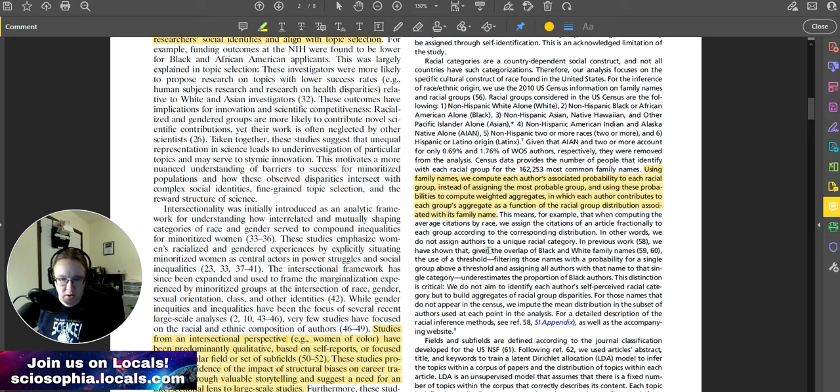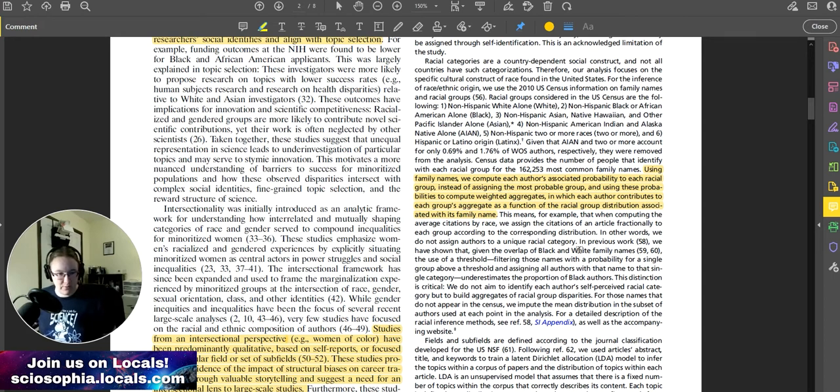In other words, we do not assign authors to a unique racial category, which is to say what they're doing essentially is based upon the census data and the distribution of names typically associated with a particular race according to what's in the census and the people who respond to the census.